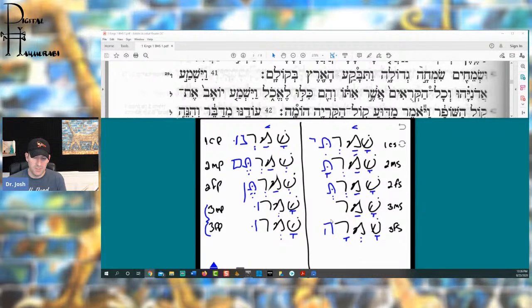The finite verbs themselves do not indicate tense, but aspect. That is, whether the situation is viewed by the speaker or writer as an outsider looking at the situation as a complete whole, the perfect, or as an insider looking at the situation as it develops, imperfect. So this is what we were talking about before.